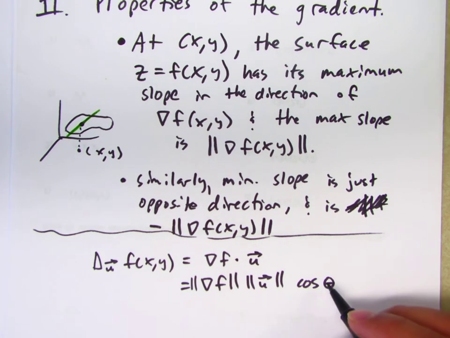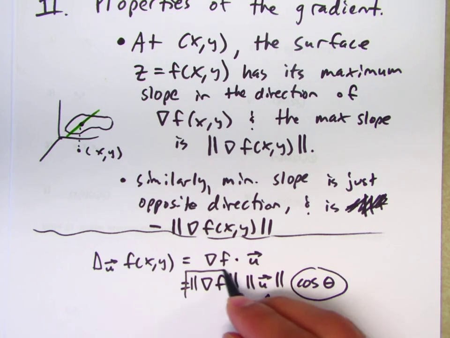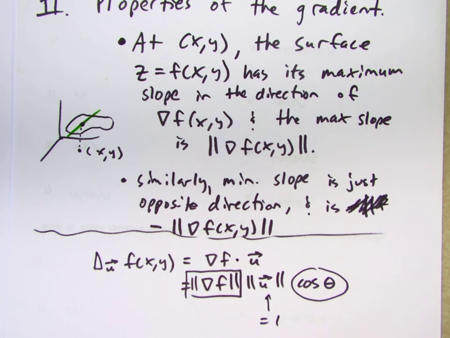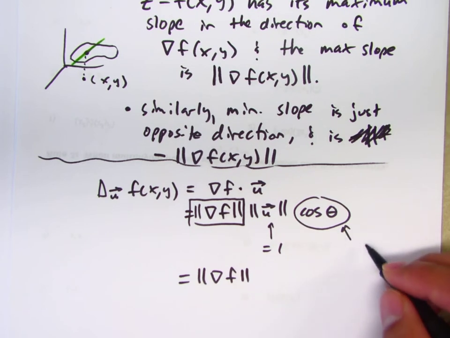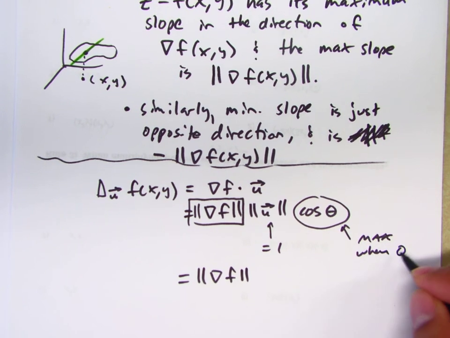And since this is the only thing that's going to affect how large this is, right? The magnitude of u is just going to be equal to 1 because it's a unit vector. So all that's left is the magnitude of the gradient of f, okay? And cosine of theta is at a max when theta is 0, right?